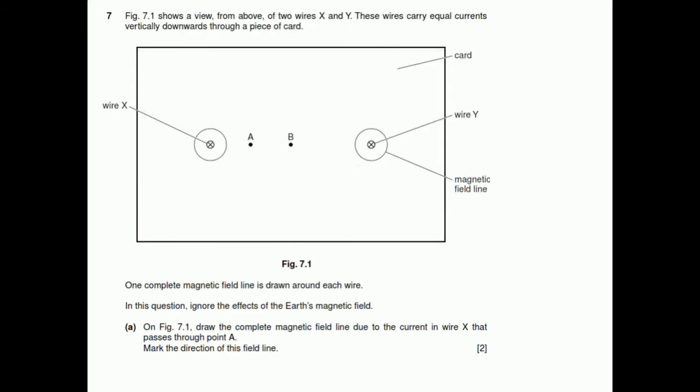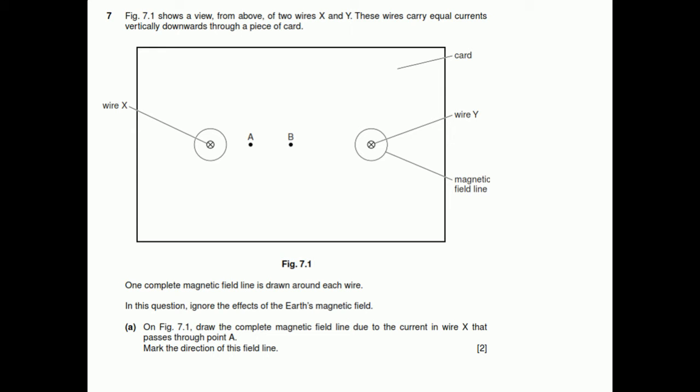Question number 7. Figure 7.1 shows a view from above of two wires X and Y. These wires carry equal current vertically downward through a piece of cord. One complete magnetic field line is drawn around each wire.